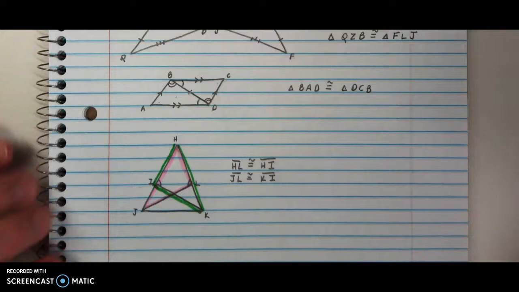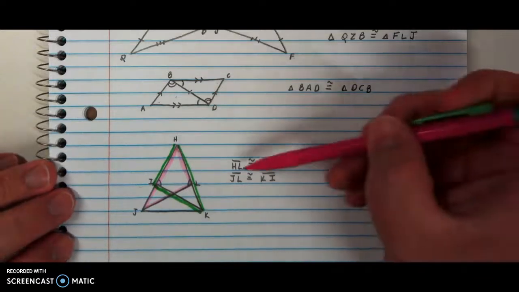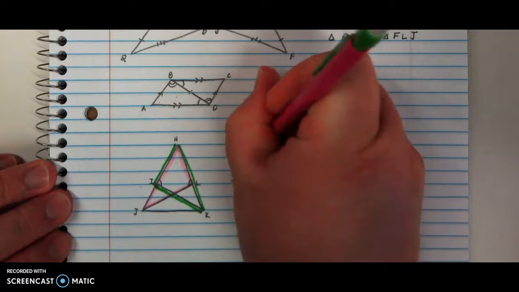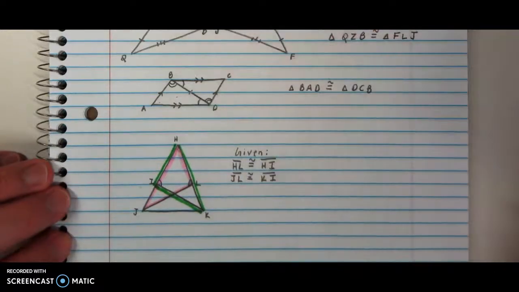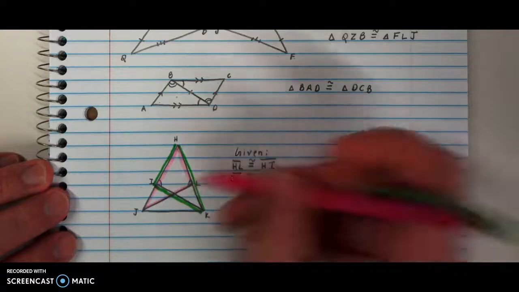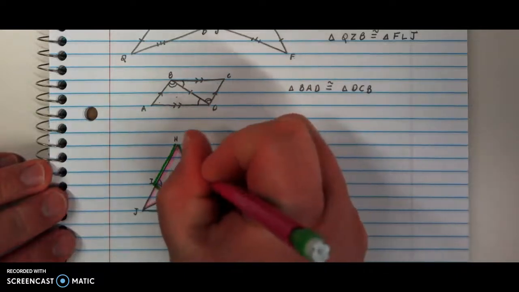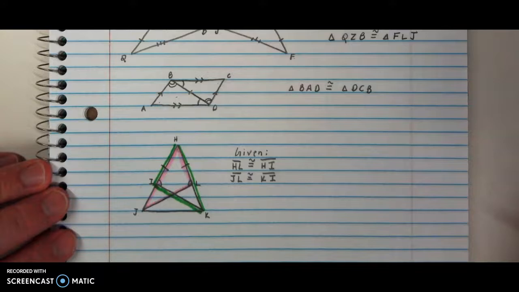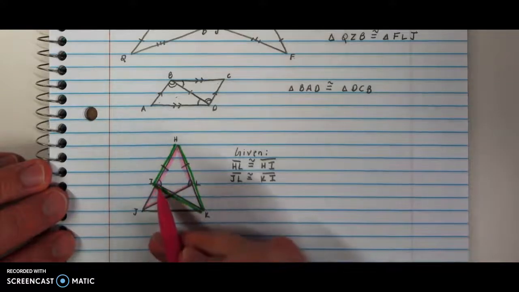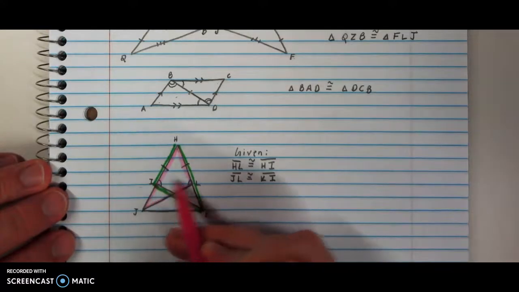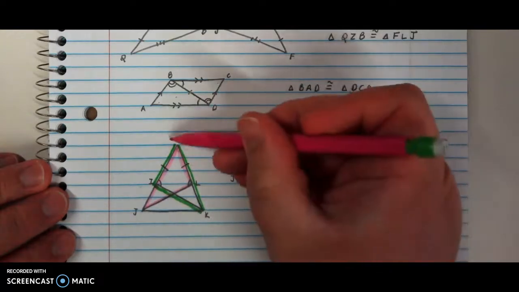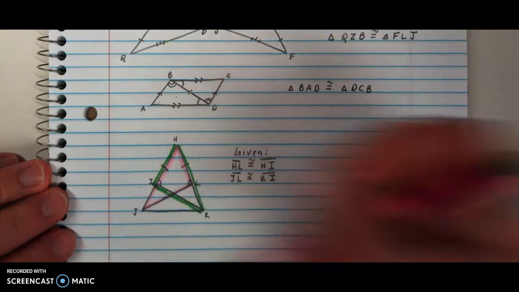Well, there's some given information. Let me label it as given, just so we're not confused, is that HL and HI are congruent. So HL, this piece here, is congruent to this piece here. We're also given in the diagram these markings, so that means that this angle here, HIK, is congruent to HLJ.